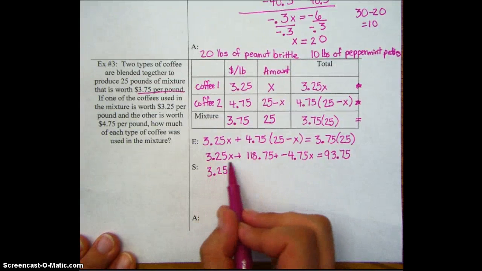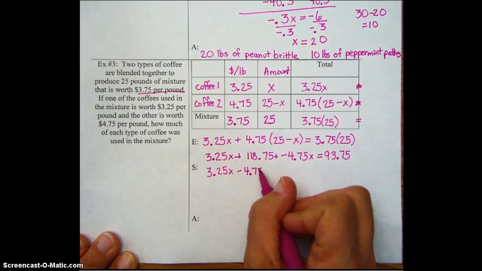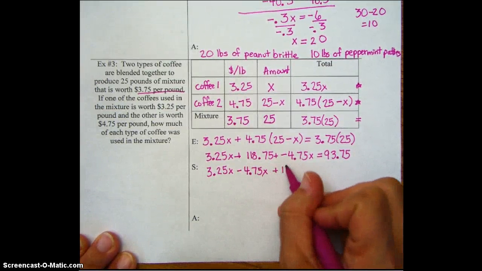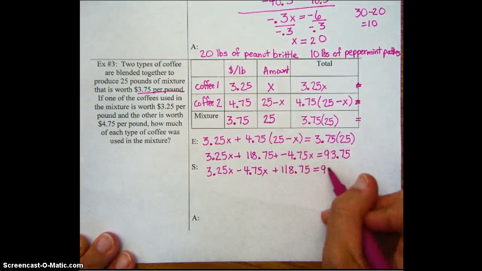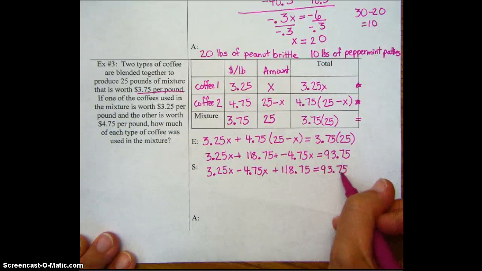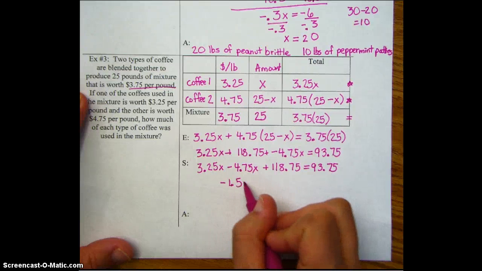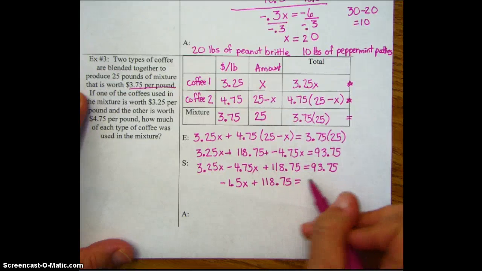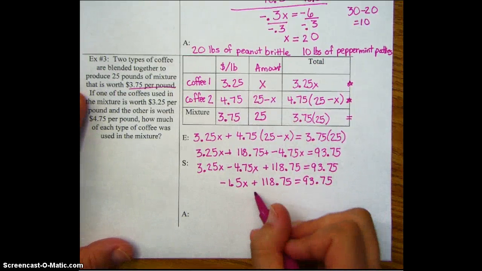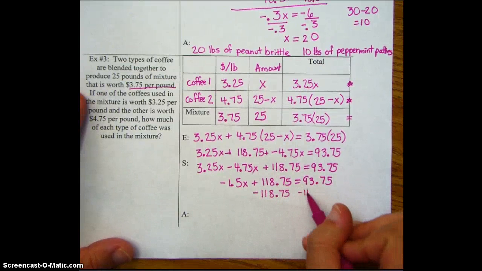The like term to 3.25x is our negative 4.75x because they both have x's. We will add the 118.75 at the end. Combining those like terms, we will get negative 1.5x plus 118.75 to equal 93.75. To isolate the variable, we will undo the addition by subtraction on both sides of our equation.